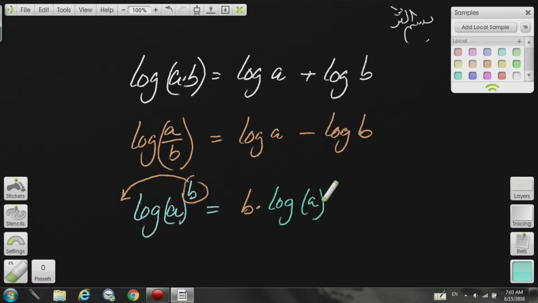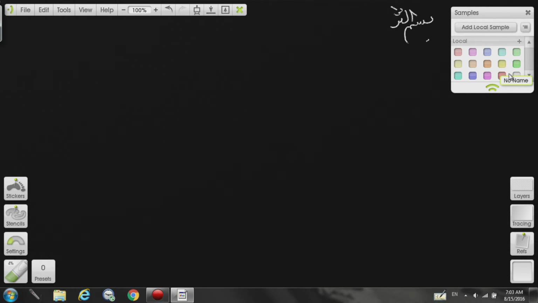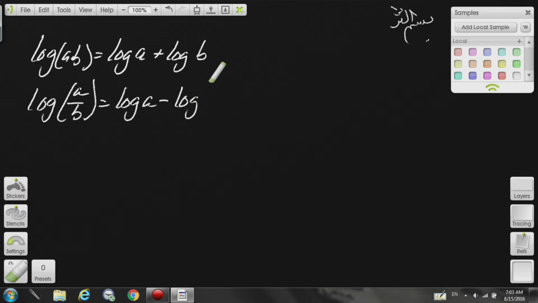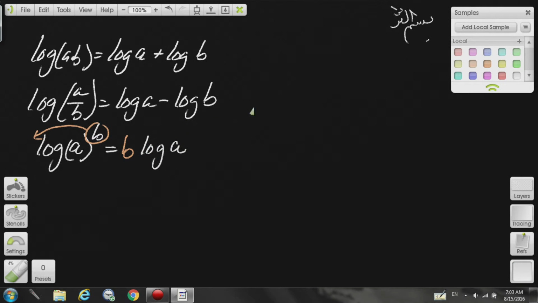Now let me rewrite these. Repetition brings familiarity to you. So you have log of a times b equals log of a plus log of b. Then log of a over b equals log of a minus log of b. And the third rule, log of a to the exponent of b equals b times log of a.